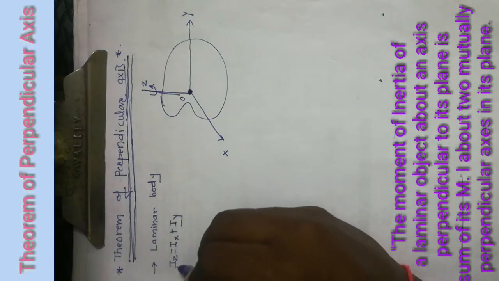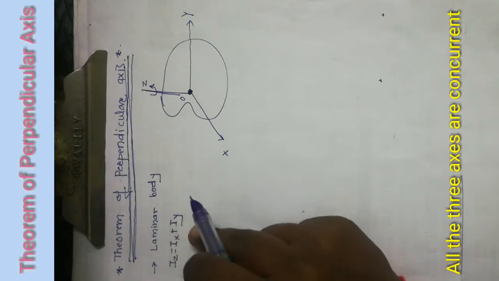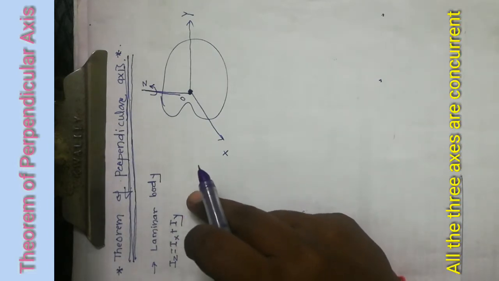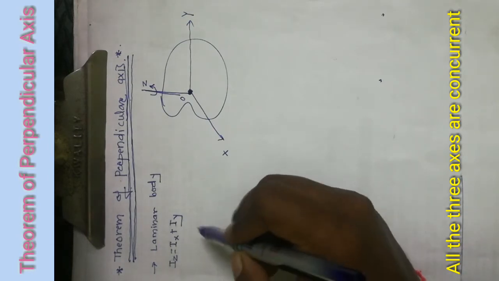So this is the moment of inertia about the z-axis, equal to the moment of inertia about the x-axis plus the moment of inertia about the y-axis. Both are in the same plane and Iz is perpendicular to these two.